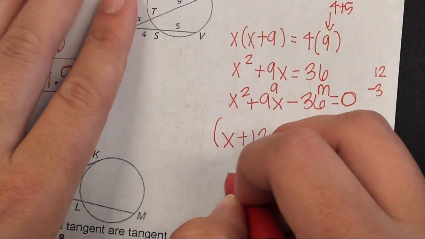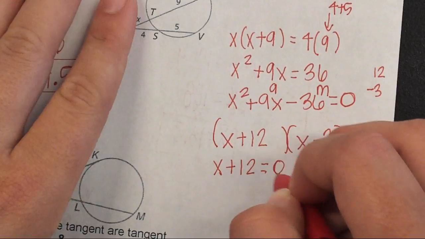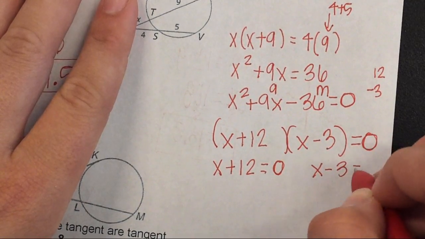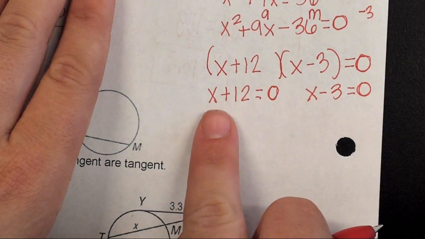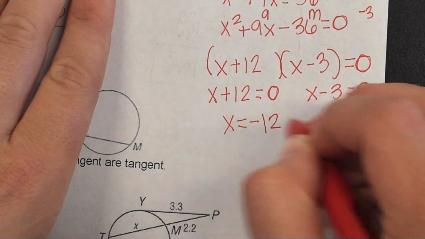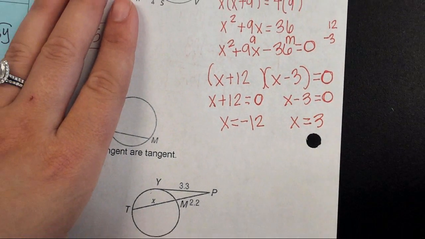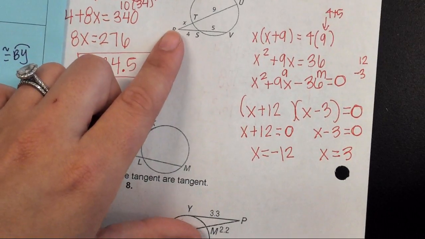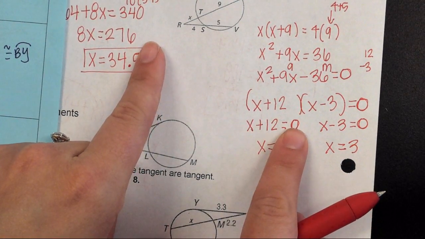Okay, so if you break these two apart, and we set x plus 12 equal to 0, and x minus 3 equal to 0, this actually becomes x what? X equals negative 12, and x equals positive 3. Because I set it equal to 0. So if you get x by itself, you subtract 12.